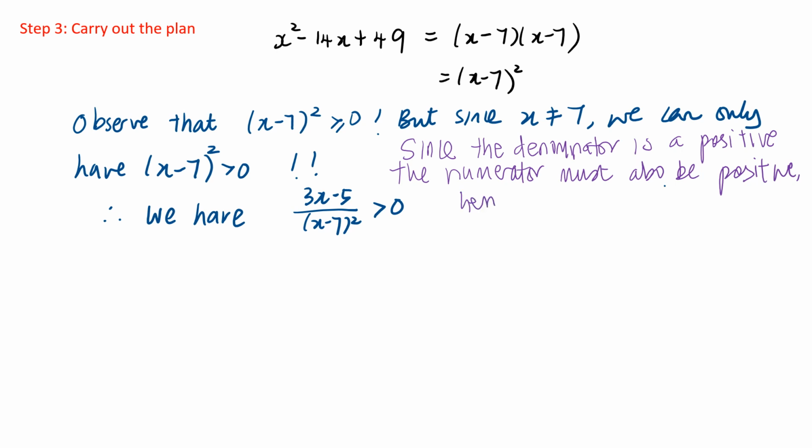Hence, a cannot be less than 0 and b cannot be less than 0.